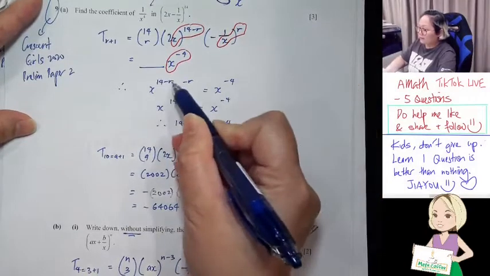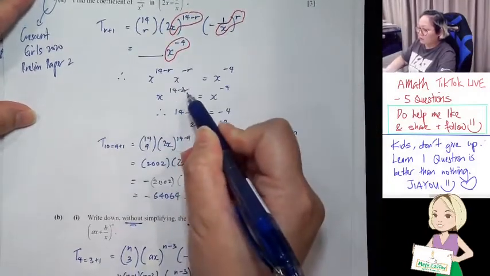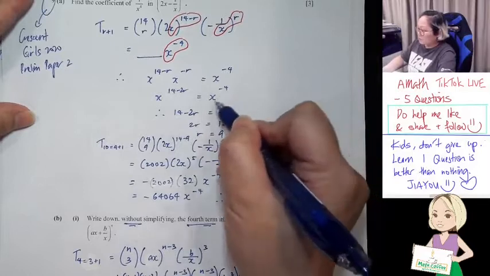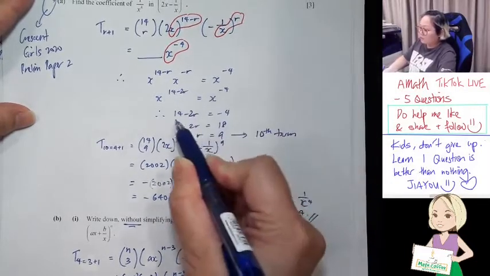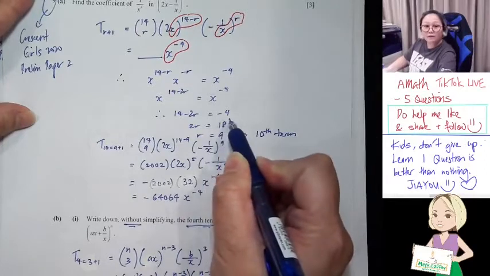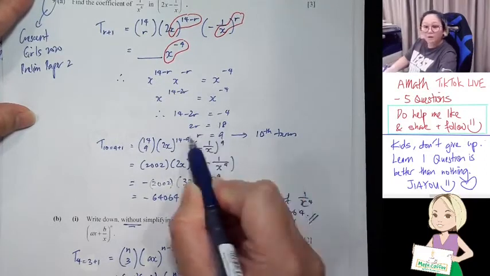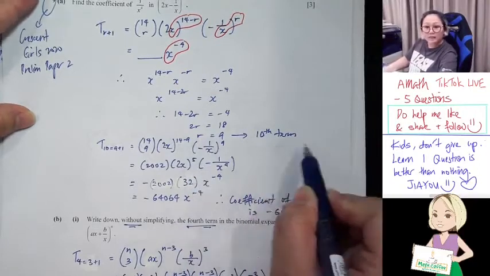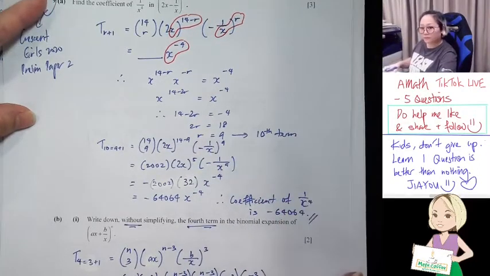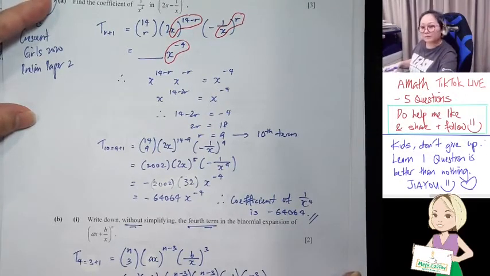So 14 minus 2r equals negative 4, the power is the same, and that's how I get r equals 9. And when r equals 9, it means that it's the 10th term. This is A math. Can understand why it is the 10th term already?